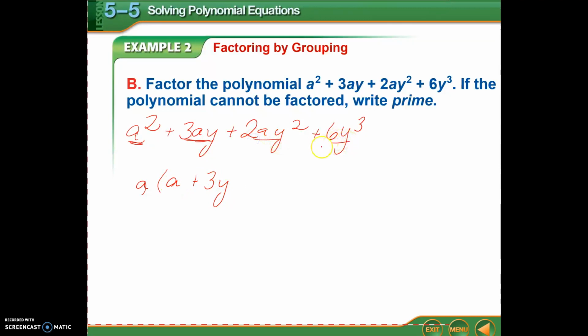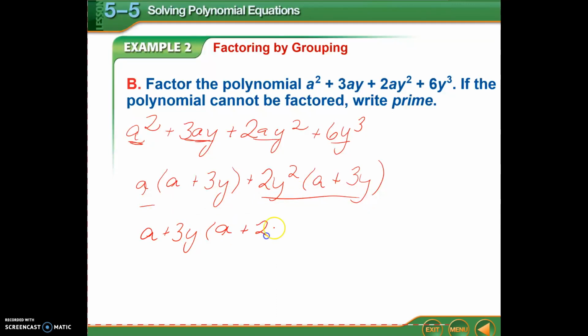Looking at the last two terms, I can take out a 2y squared, which gives me a plus 3y. Then I factor out a plus 3y from these two terms, and I get a plus 2y squared. I want to check and make sure that's not two cubed terms, and it's not, and it's not a difference, so it can't be factored further.